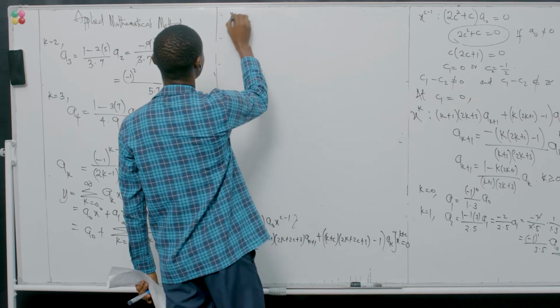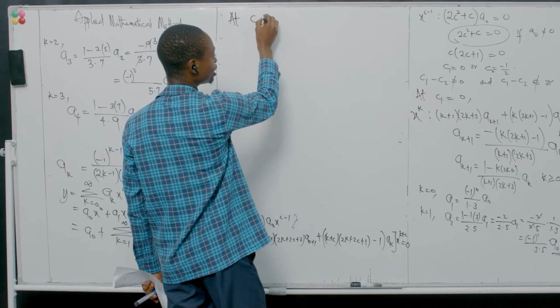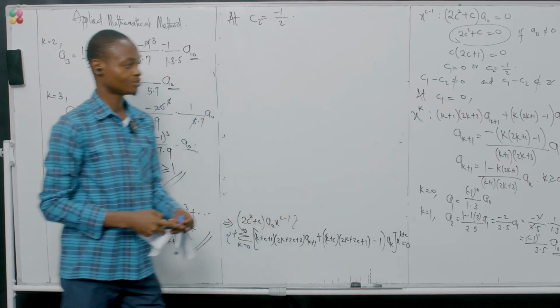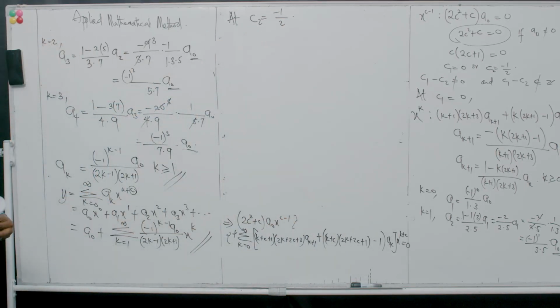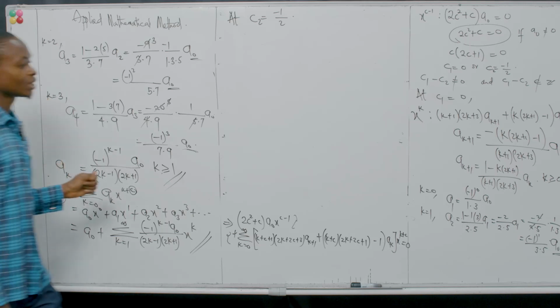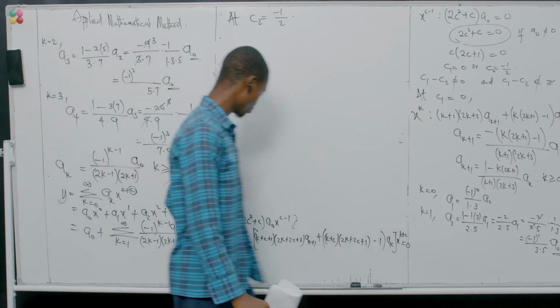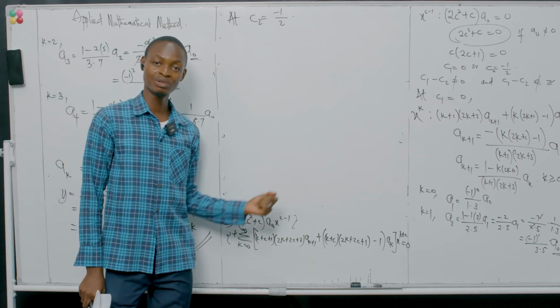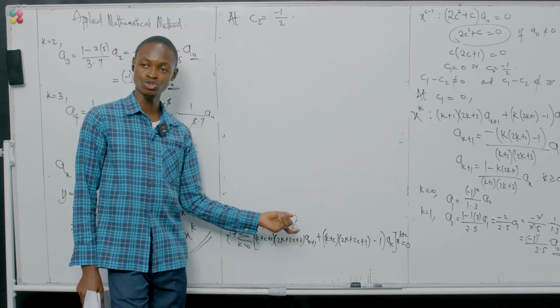Now, for the second step, at C2 equal to minus 1 over 2, I don't think I want to do this so that we'll be able to have time to do the other method. But basically, what would we do? We will come back to this sum, and everywhere we see C, we will replace it by minus 1 over 2.